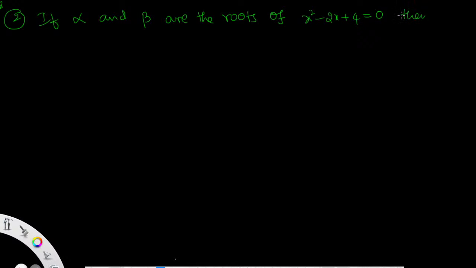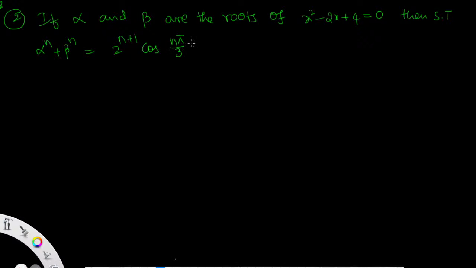So if alpha and beta are the roots of x square minus 2x plus 4 equal to 0, then show that alpha power n plus beta power n equal to 2 to the power of n plus 1 into cos n pi by 3.